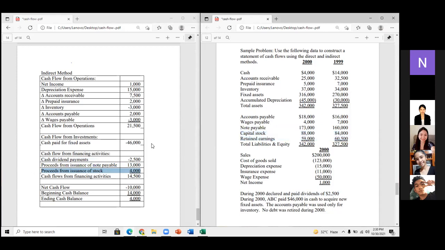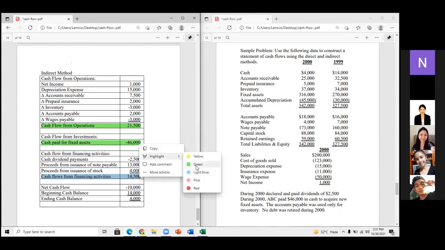So, tulad ng ginawa kanina sa direct method, itong total ng cash flow from operations, tapos itong cash flow from investment, tapos itong cash flows from financing, i-add natin. And syempre, ang makukuha din is yung net cash flows na negative 10,000.